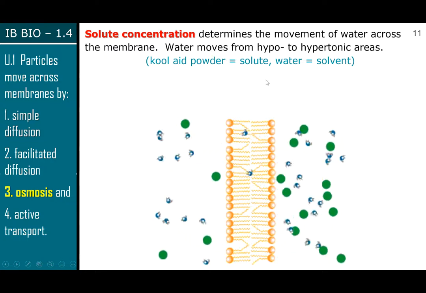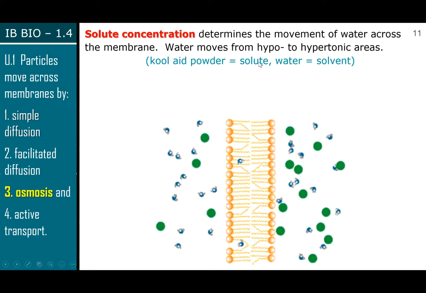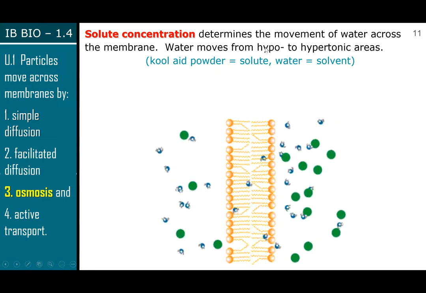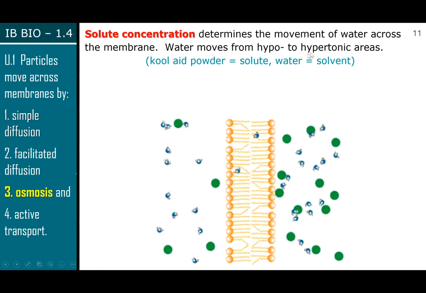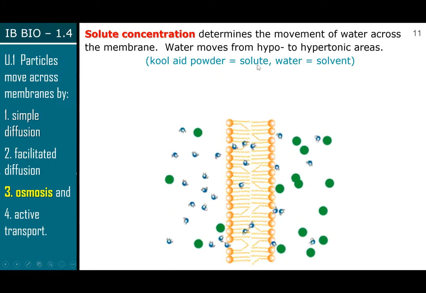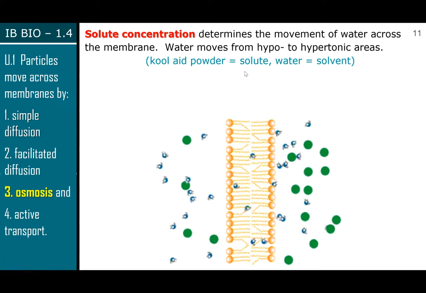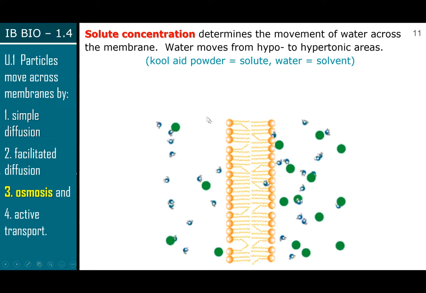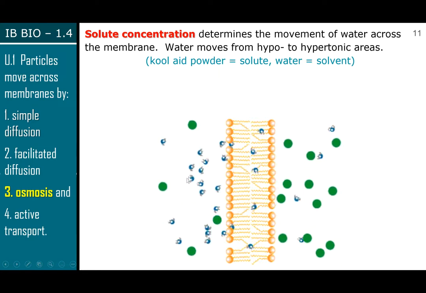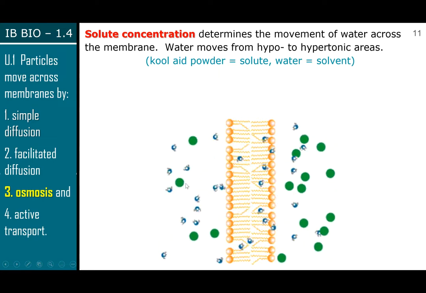So when we say hypertonic and hypotonic, we're talking about the solute. So hypo means low solute, hyper means high solute. Okay? So water is always going to move to where there's more of it. Here on this side of the membrane, you can see there's water molecules and just a couple of green particles.